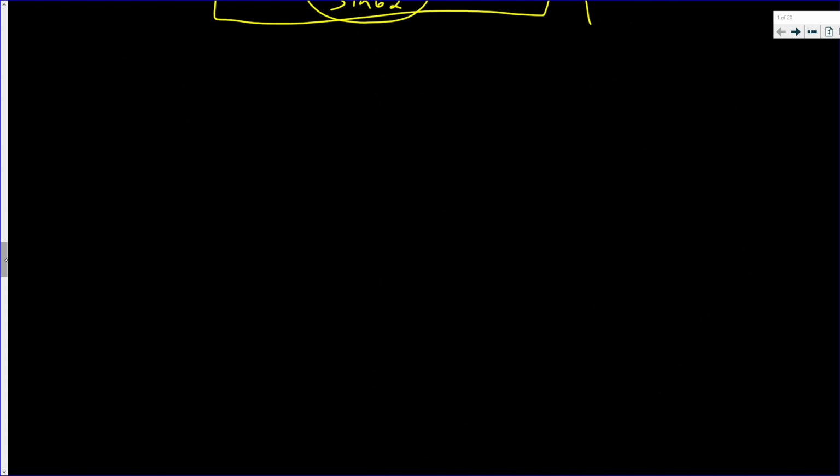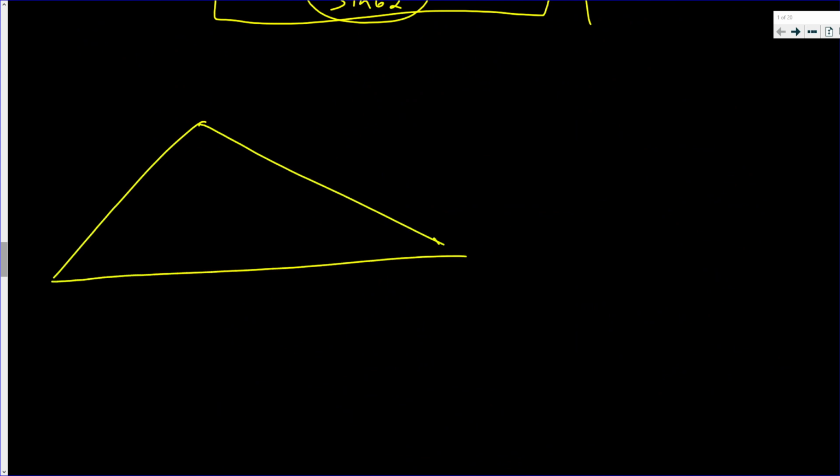Now, suppose you're given this triangle. It's labeled 100 degrees at C. B is 10 degrees. Little c is 115. Opposite angle A is little a. Opposite angle B is little b.